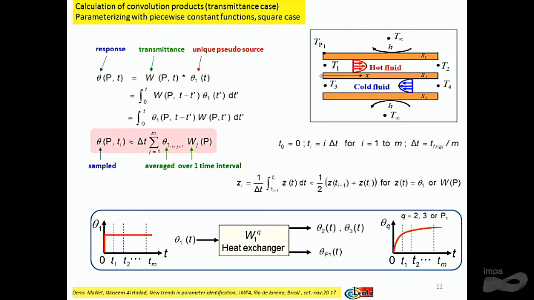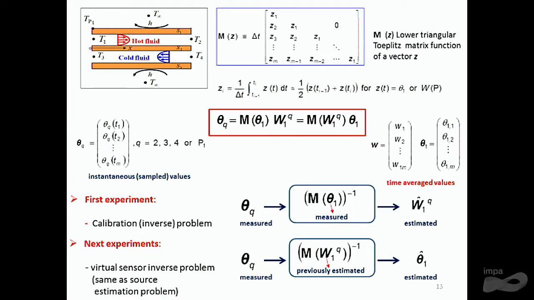So we have the excitation, you have the transmittance, and you have the response at the different locations. What is nice with this scalar quadrature is that it can be given a matrix vector form in discrete mathematics. For example, here we have the response, which is discretized at each location in the heat exchanger.